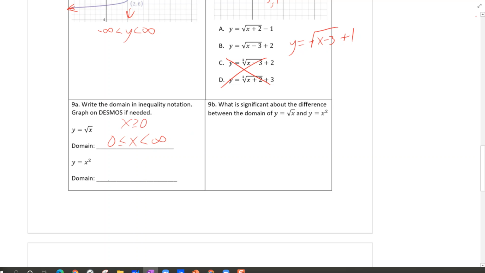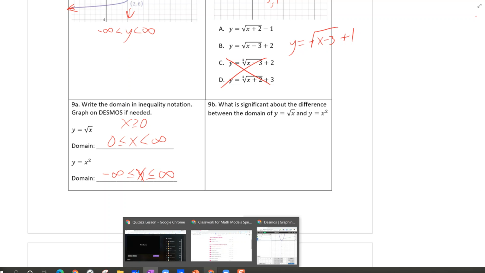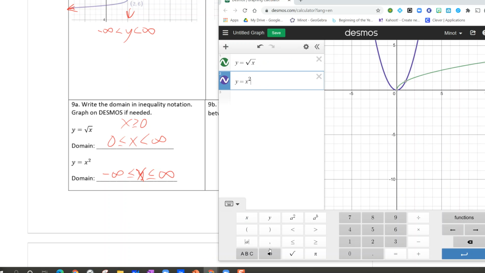The domain on the x squared is all real numbers, negative infinity to infinity. Just answer that however you think is most significant. You can just look at it. What do you think is the most significant difference?